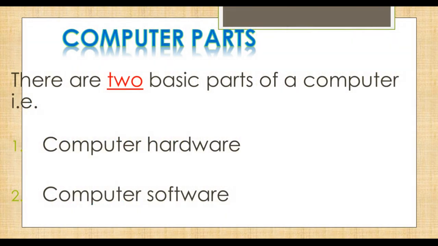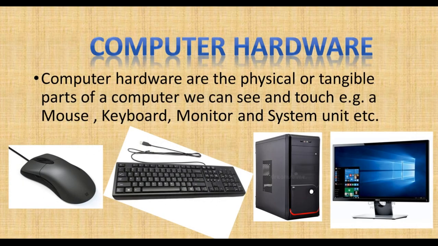Then let us identify some of the parts of the computer, all the basic parts of a computer. Among those basic parts, we have the computer hardware and the computer software parts. Those are the two basic parts of a computer. Then let us now identify computer hardware.